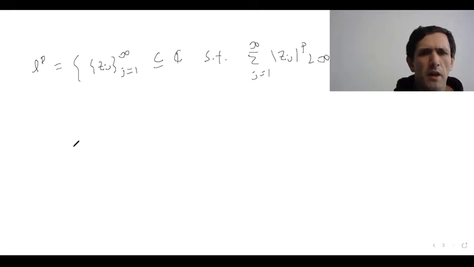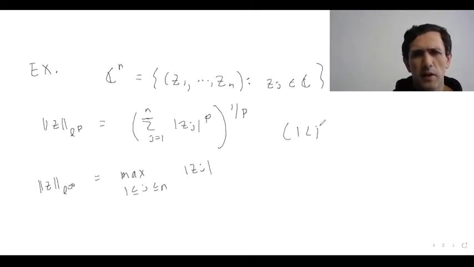And the norm. So this is for p strictly between 1 and infinity. I should say here, right, p is between 1 and infinity. I said it, but might as well write it down.